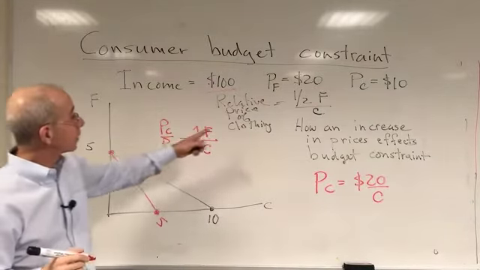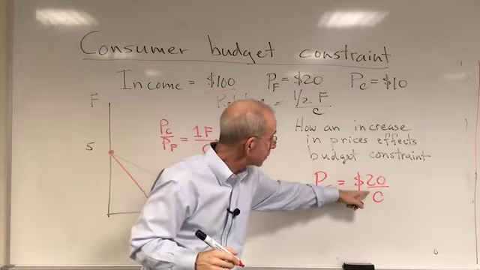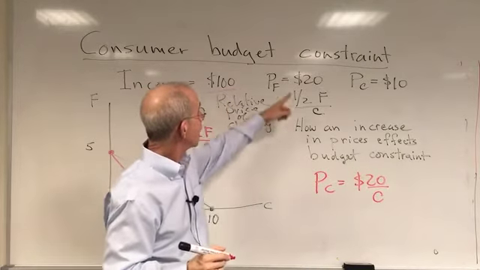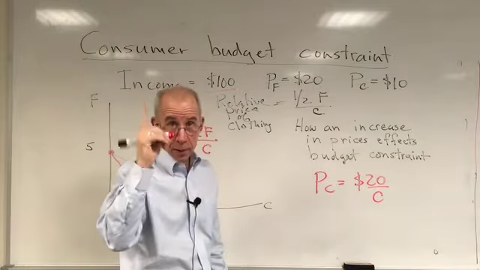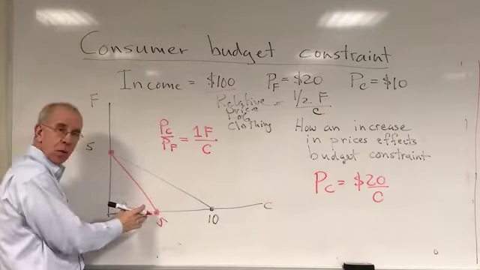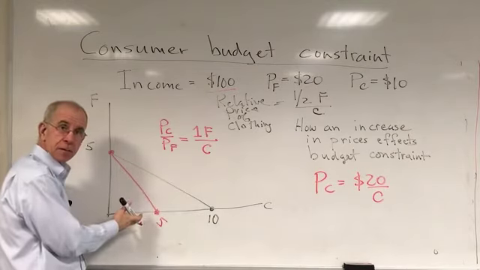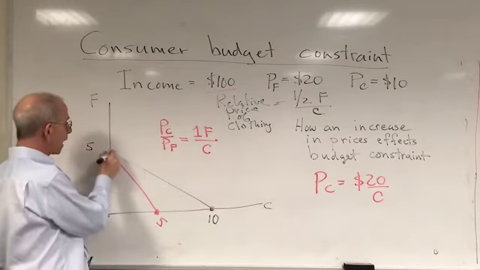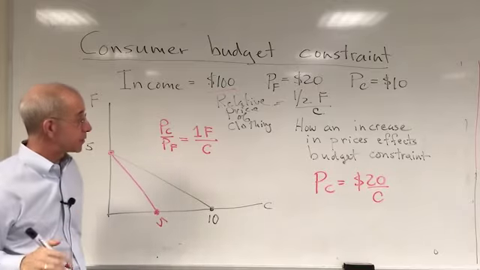If I spend money on clothing at $20 per unit of clothing, I give up the opportunity to buy 1 unit of food. So the budget constraint will rotate down through that point if only one of the prices changed.